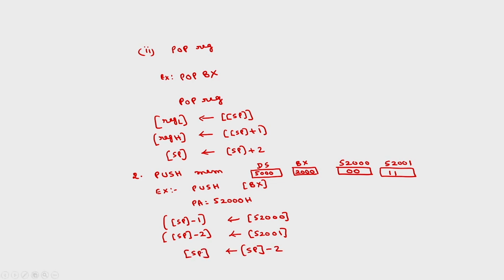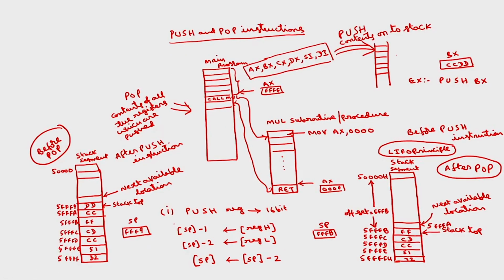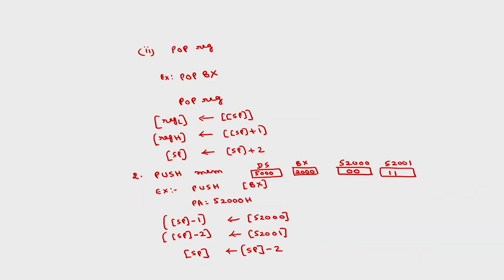This is same as that register. Because SP is, say for example, FFFB, SP minus 1 becomes FFFA, but this is not FFFA. Inside that FFFA we are going to store the contents, so the contents have to be present here. So this is about push memory.